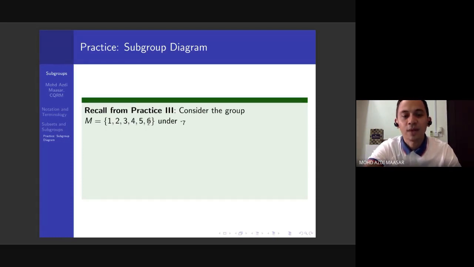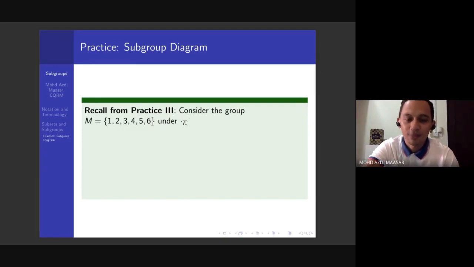For example, 6 multiplied by 5 modulo 7 is 2. 6 multiplied by 5 as integers is 30, but under modulo 7 you subtract 28. In other words, 30 divided by 7 has remainder 2.